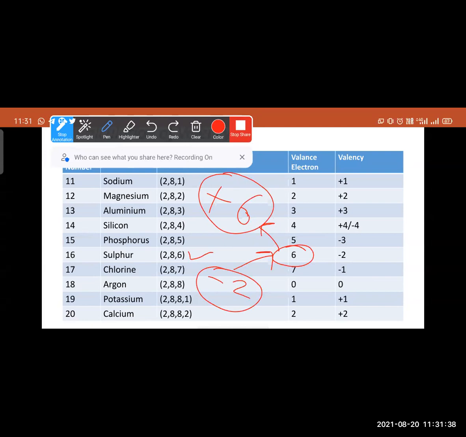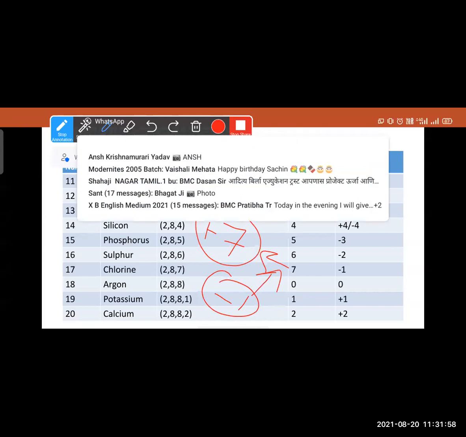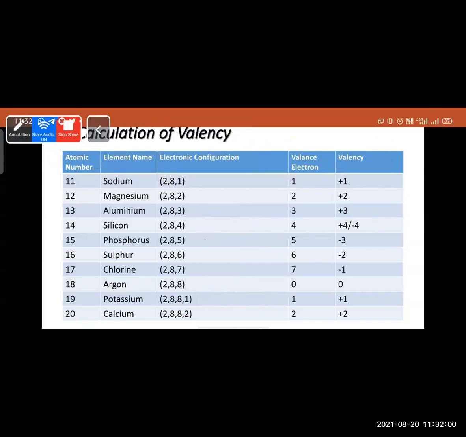So the valency will be -2. In case of chlorine, atomic number 17, 2, 8, 7, the valence electrons are 7. Instead of donating 7 electrons, it will prefer to accept 1 electron. Now, in this way, we can calculate valency.